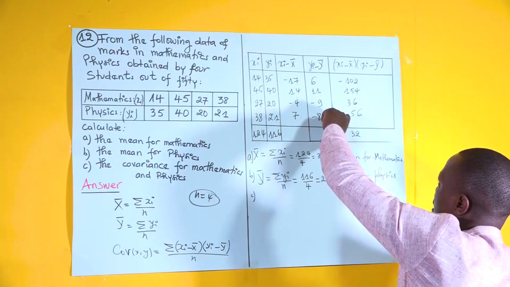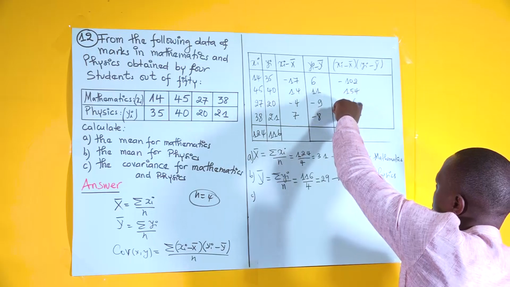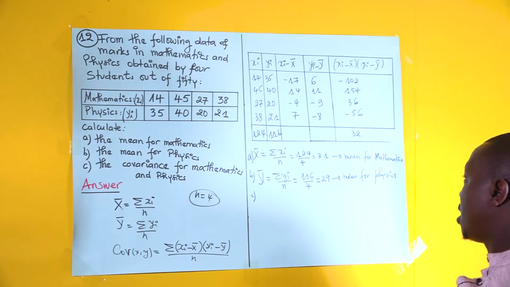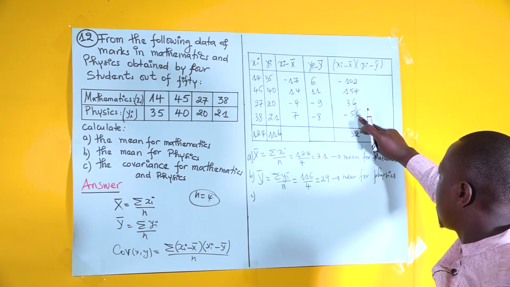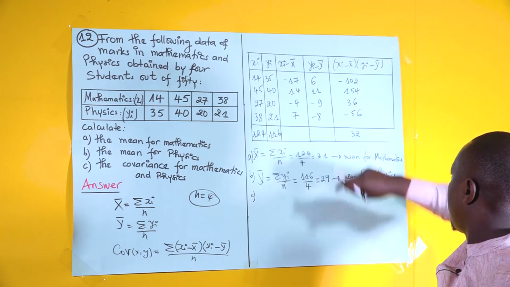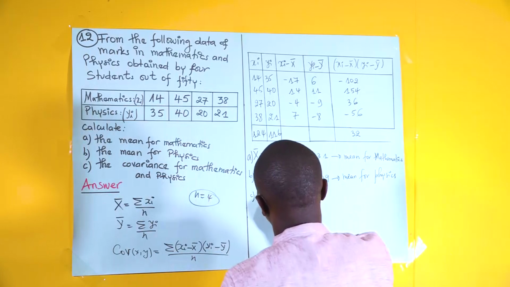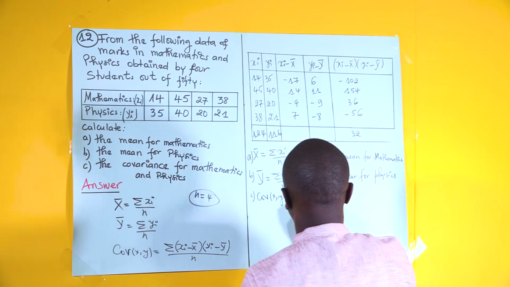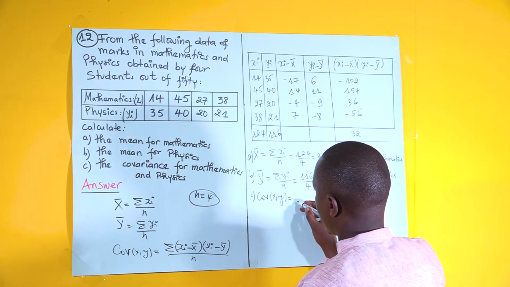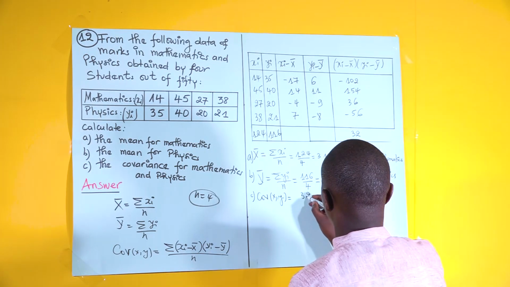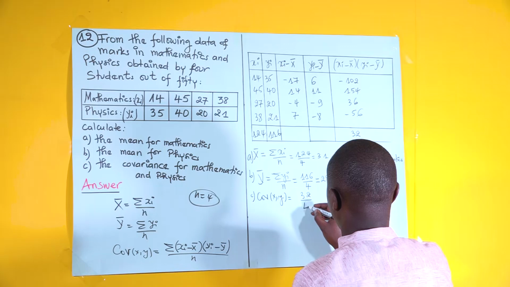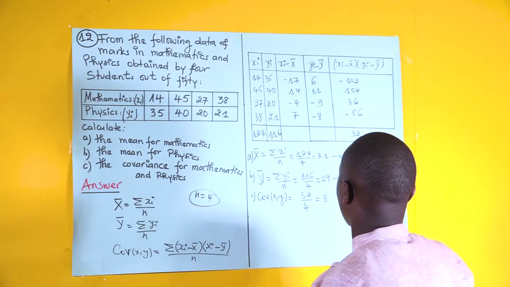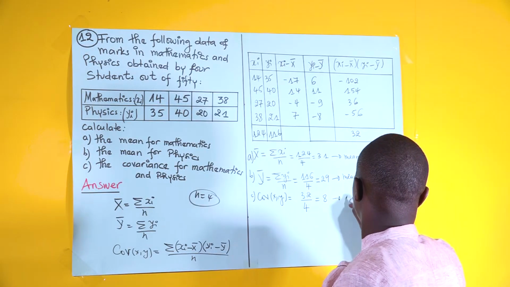So the covariance of xy is the summation, 32, divided by n, which is 4. The number here is 8.